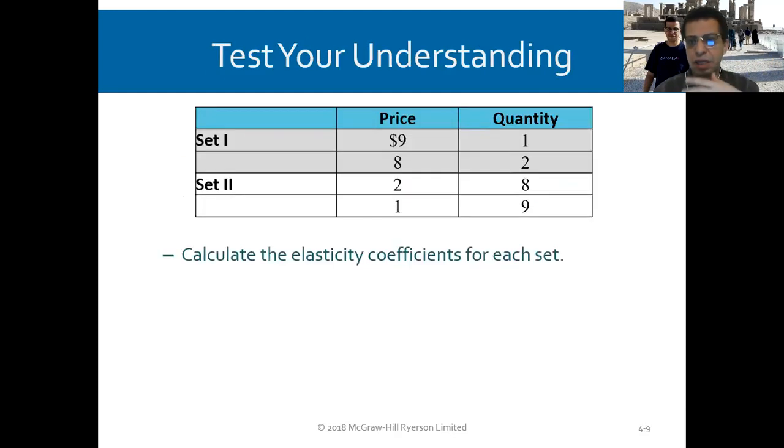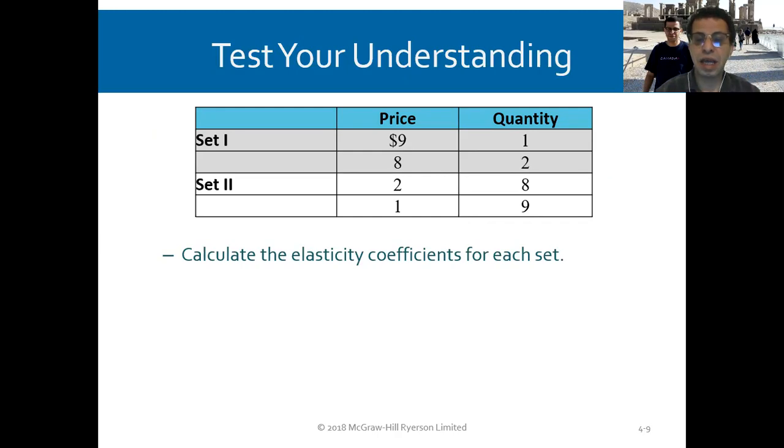So let's test this very quickly. I have one set of products and another set of products. One set is a product, let's say tomatoes, and another set is beer or whatever. So suddenly at $9, the quantity demanded is only one. And when it becomes $8, the quantity demanded doubles up, became two.